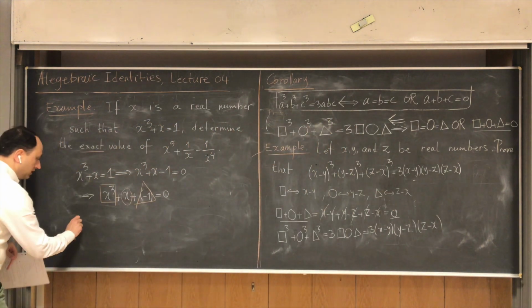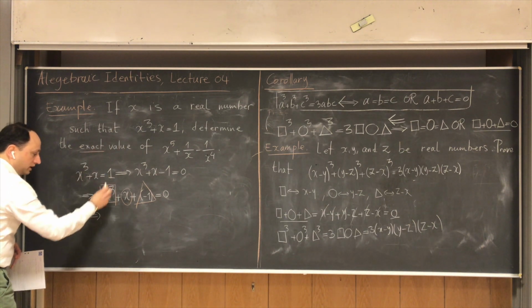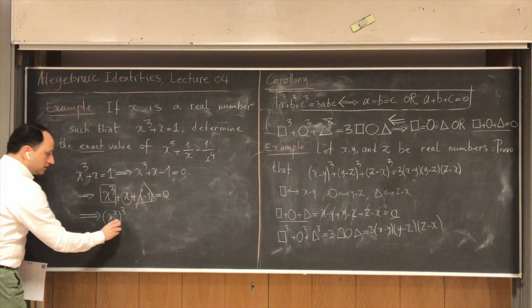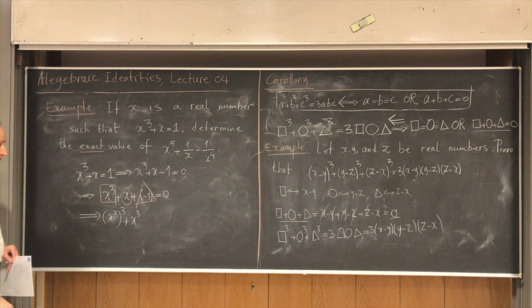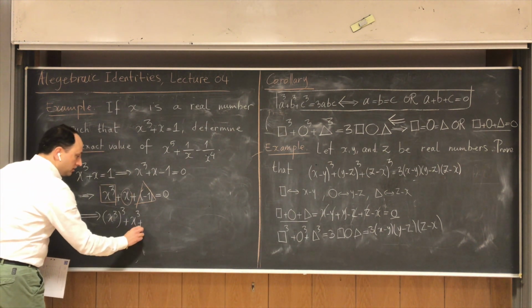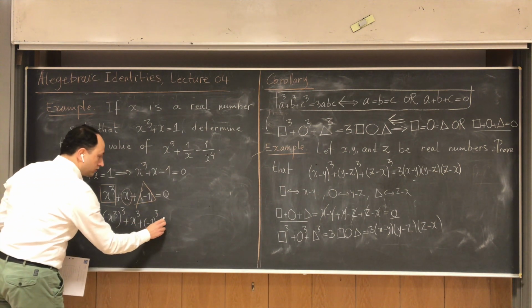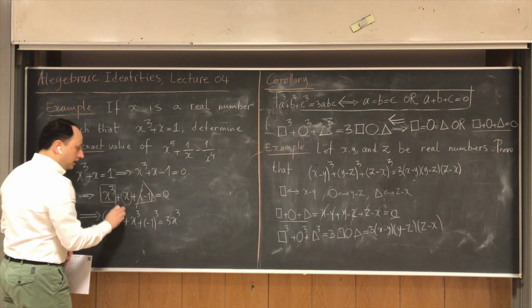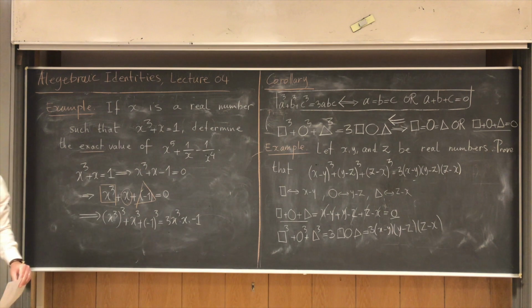It means that according to that corollary, the box to the 3, which is x to the 3, plus the circle to the 3, which is again x to the 3, plus the triangle to the 3 is equal to 3 times the box multiplied by the circle multiplied by the triangle. Agree?